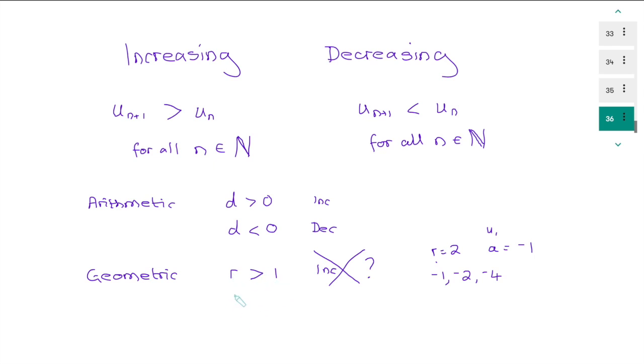So we'd have to think about this case, where r is a positive fraction. So we'd have to do each case again, depending on the starting value, is it positive or negative? And then we'd have to think about, well, what about when r is negative? What's going to happen then? Right, so this is a bit more complicated.